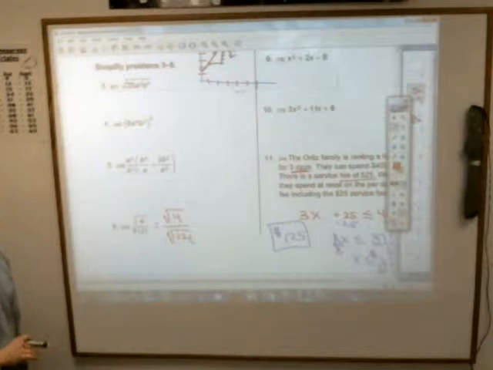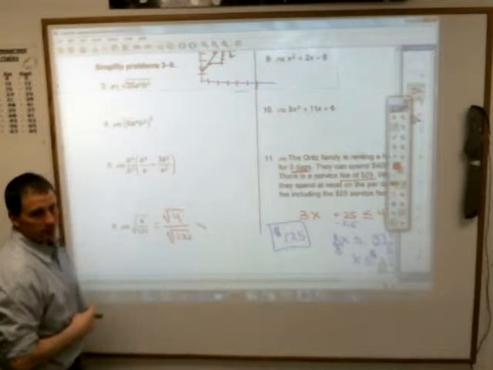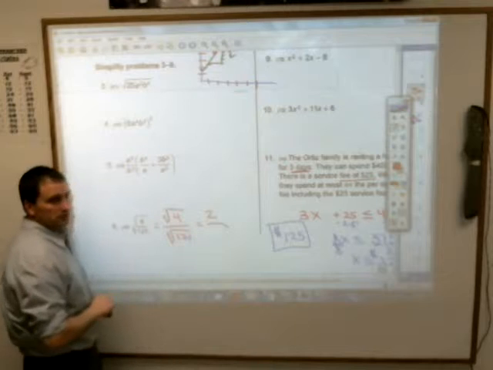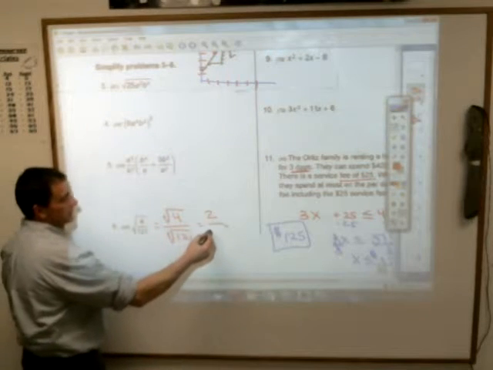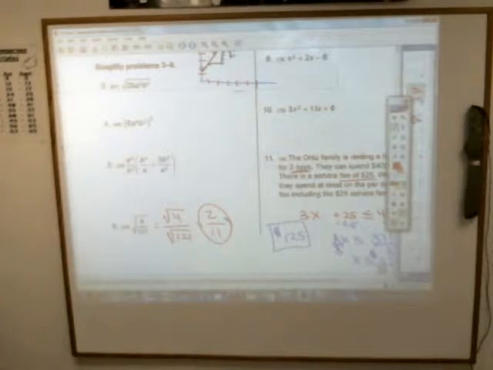Same thing. And then simplifying it from there. Does 4 have a square root? The square root of 4 is 2. And 121, 11. And that's it in a proverbial nutshell.